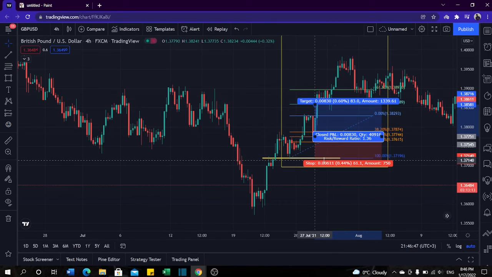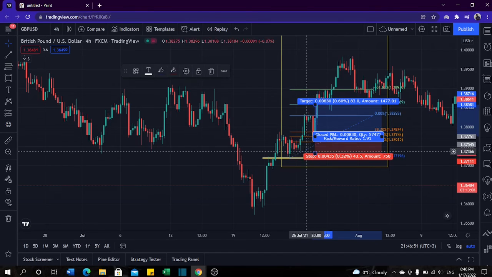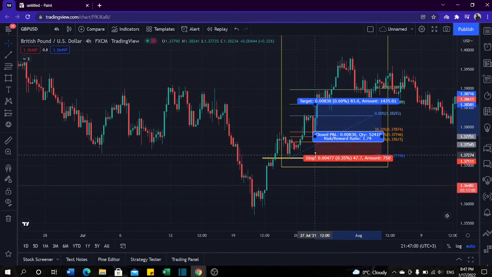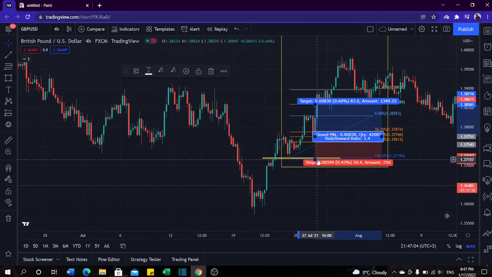Usually I place it below this area where price actually started to be rejected. But for the sake of this video, to show people that you have to give space for your stop losses. With experience, you get to decide where you can place your stop loss easily, where it's not easily hit, and you can easily make money out of it.